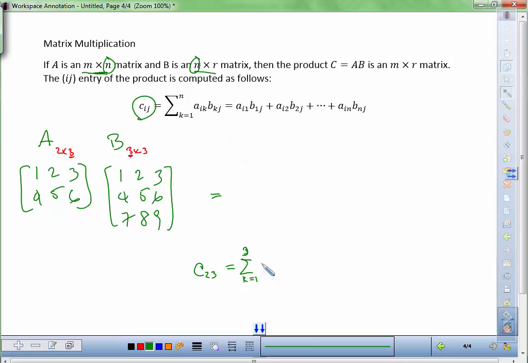And it's going to add a sub i, where i is equal to 2 in this case, A sub 2k and B sub kj, where j in this case is 3.